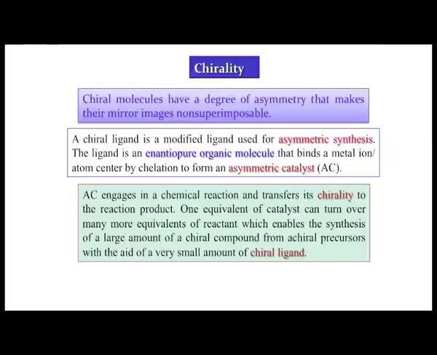So, all these chiral molecules have a degree of asymmetry that makes their mirror images non-superimposable. As per the definition, if we have a typical degree of asymmetry, that means it is not very symmetric, like your cis compound, the cis variety. So, asymmetry makes the mirror image non-superimposable on its original compound, but trans is more symmetric.